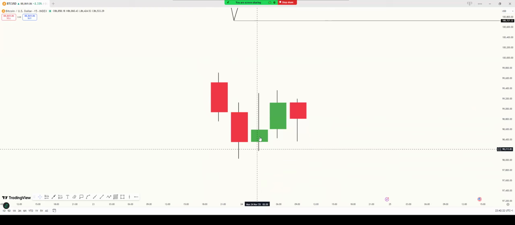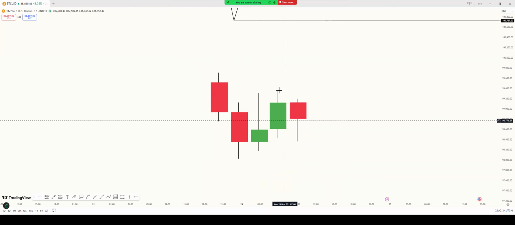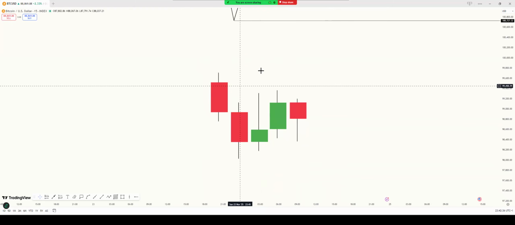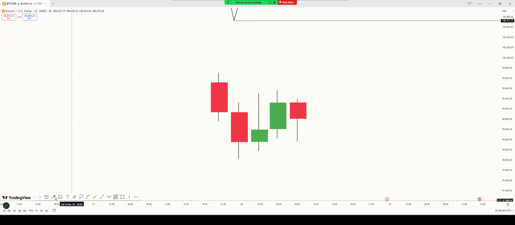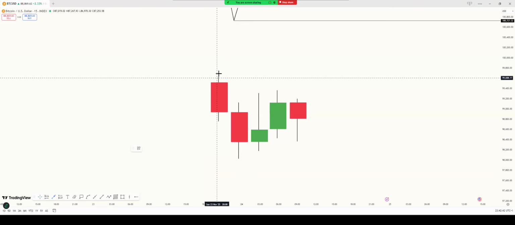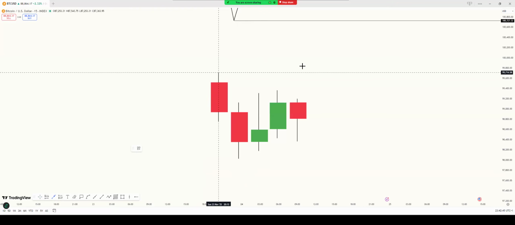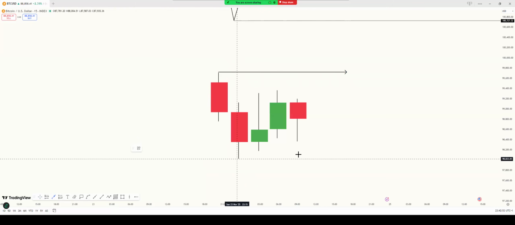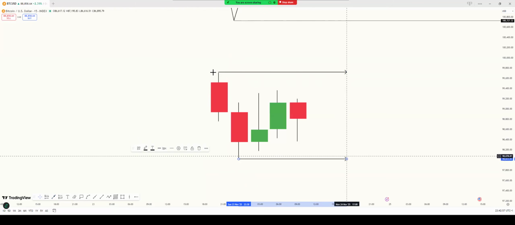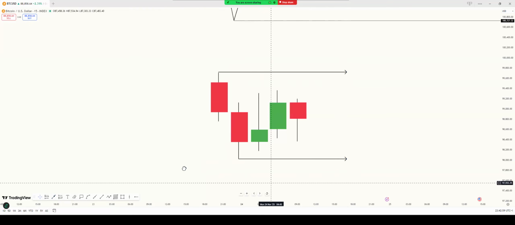Now we have 1, 2, 3 candlesticks that failed to take the high or the low of the range. So this high here is BSL, and this low here is SSL. Buy side liquidity, sell side liquidity.